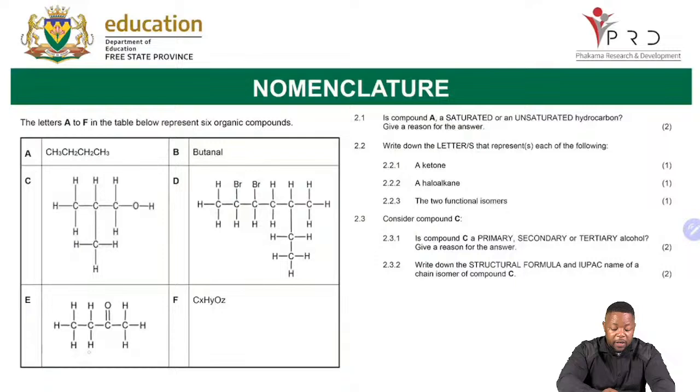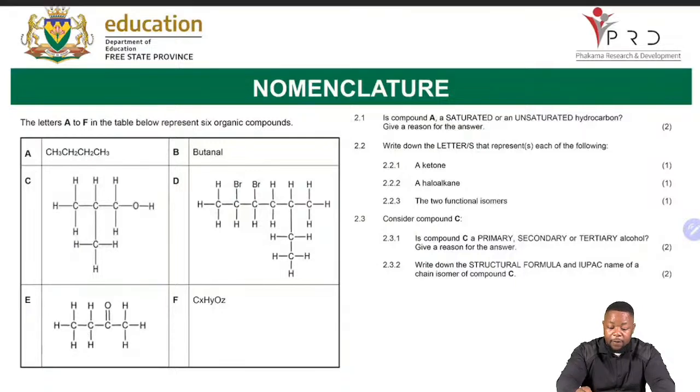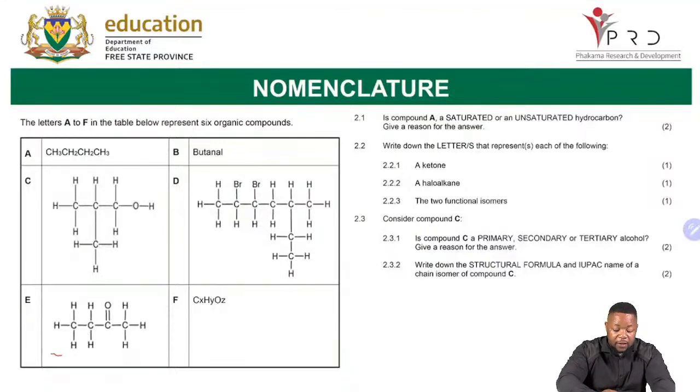So let's look at the structure here. We have a structure in E. This structure has how many carbons? 1, 2, 3, 4. That is 4 carbons. How many hydrogens? 1, 2, 3, 4, 5, 6, 7, 8. It is 8 hydrogens, and then 1 oxygen.